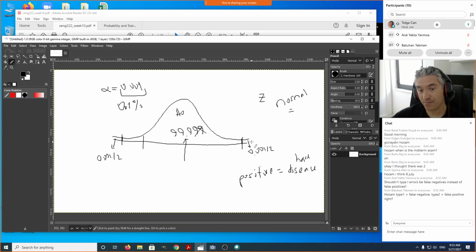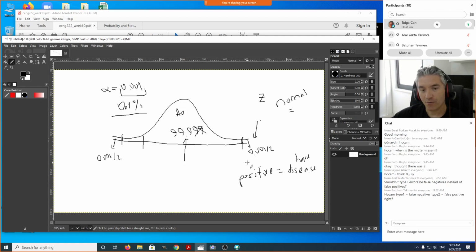Rejecting the null hypothesis is, for example, when you have a z statistic and it falls in here, so you tell that person they're sick. But if the null hypothesis is true, which means that person is actually not sick, then 0.1% of normal people who fall in this normal distribution may still show these extreme cases. This is what you expect.